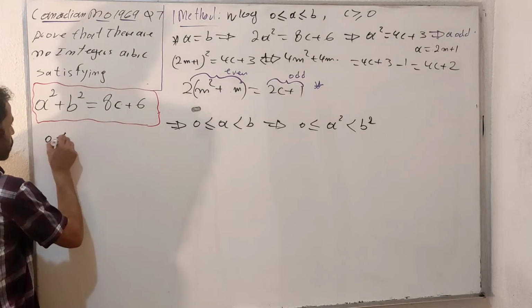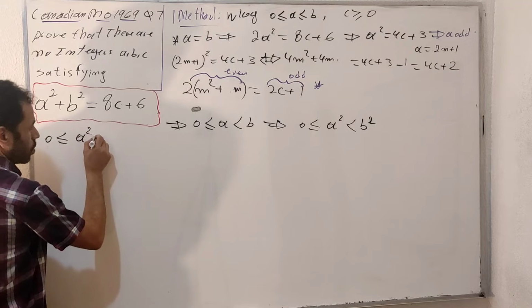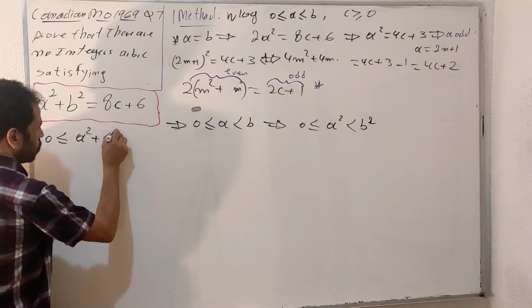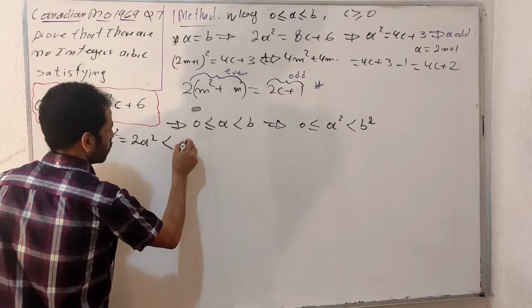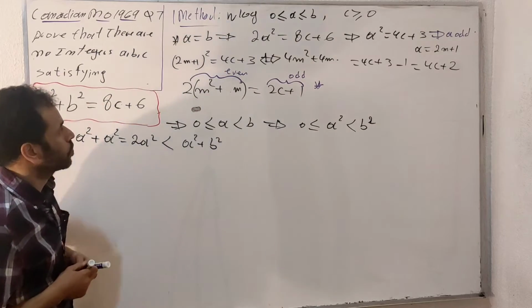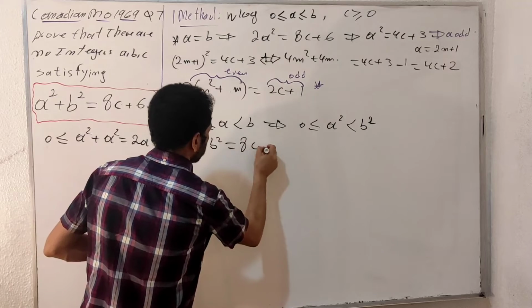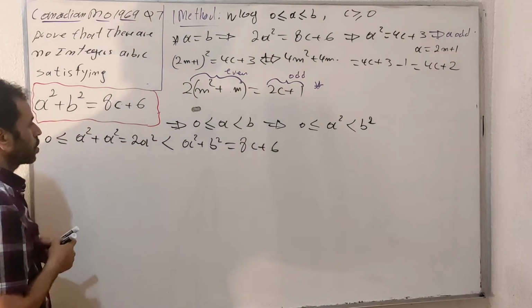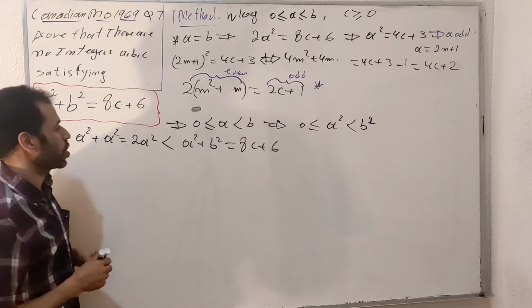So I will have a squared plus a squared, which is 2a squared, is strictly less than a squared plus b squared. I already have a squared plus b squared equals 8c plus 6. Then I'm going to take 8c to the left hand side of the inequality.